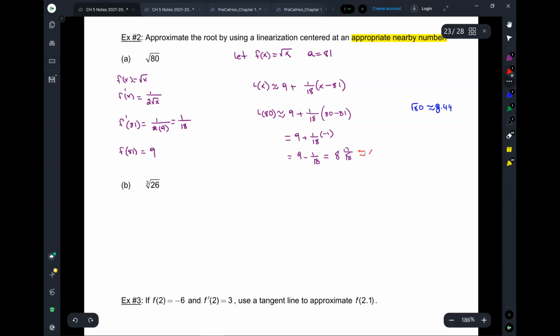It's 8.944, and this is 8.9427. Okay, look at that. It's dead accurate, right? Up to 3 decimal places, the AP sanctioned 3 decimal places.